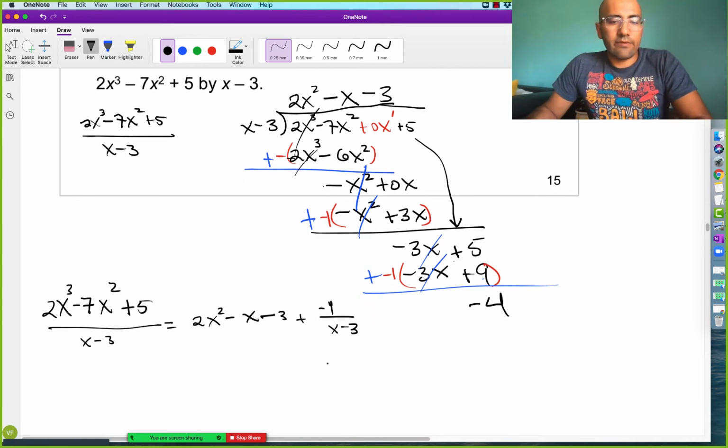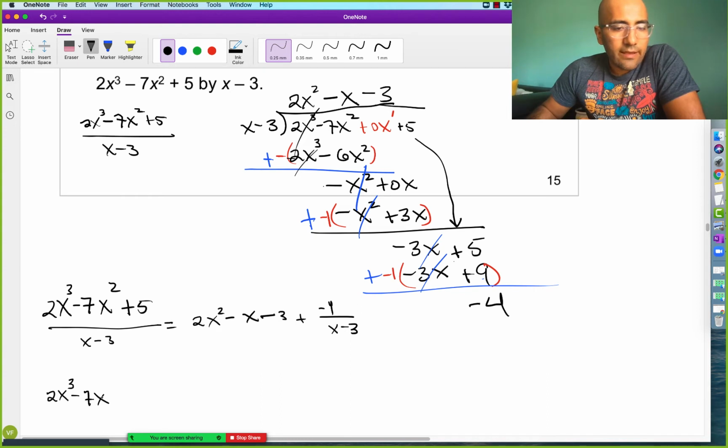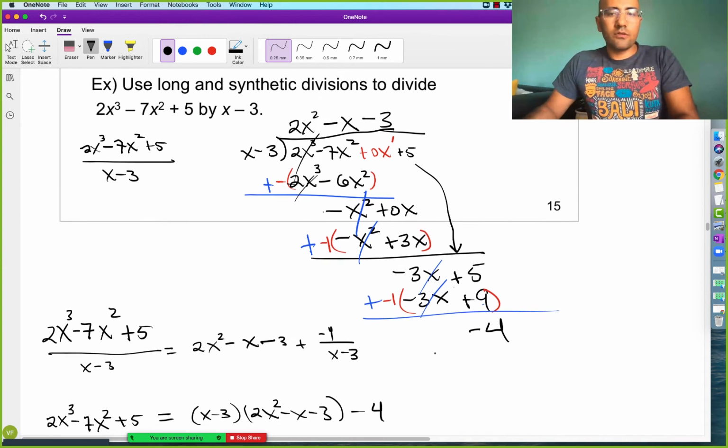And if we multiply everything by x minus 3, we get to rewrite our polynomial this way: 2x cubed minus 7x squared plus 5 equals x minus 3 times 2x squared minus x minus 3, minus 4. Good?